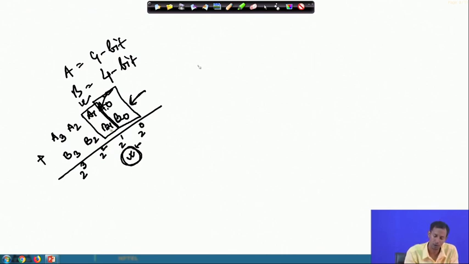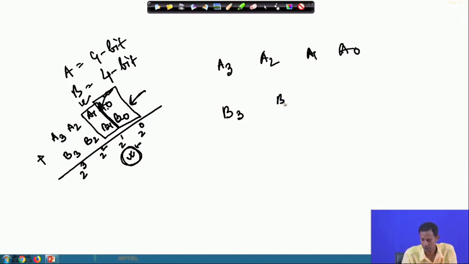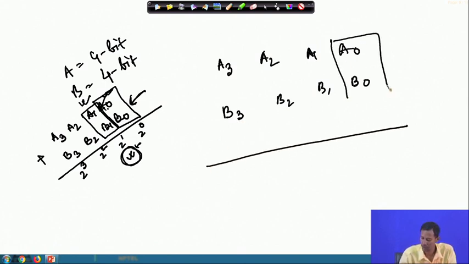So, at that time what will it be? It will be like A3, A2, A1, A0, and if I add B3, B2, B1 and B0. At that time for these two, this is a half addition operation, and for this there will be one, if I consider this is sum 0 and this is the C0, okay.